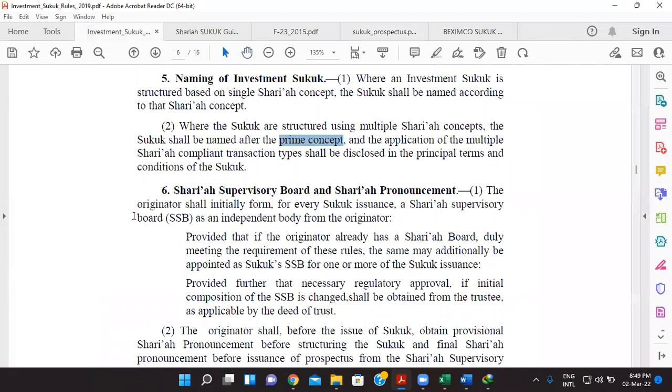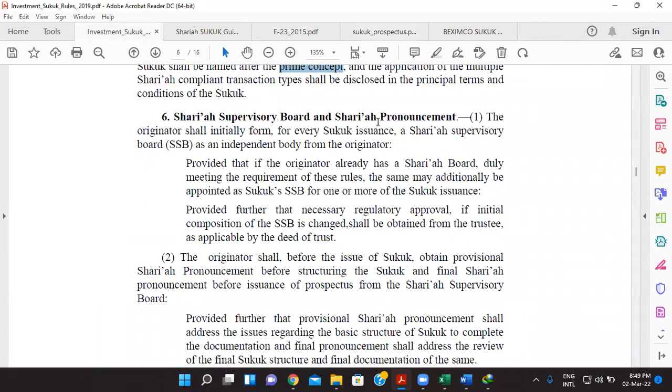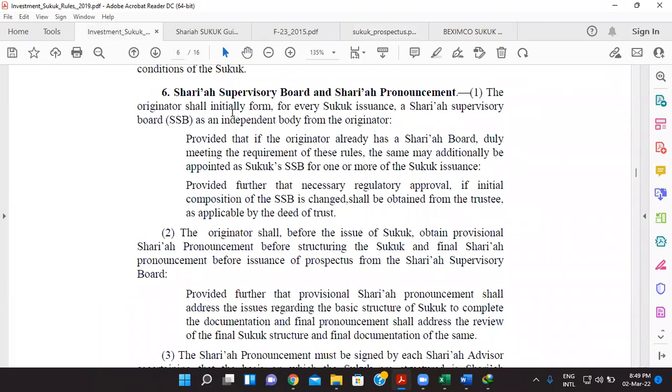Okay, next one. Sharia Supervisory Board and the Sharia pronouncement. The originator shall initially form for every sukuk issuance a Sharia Supervisory Board as an independent body from the originator. It is a huge criterion. The Sharia Supervisory Board which you will form should be independent from you.